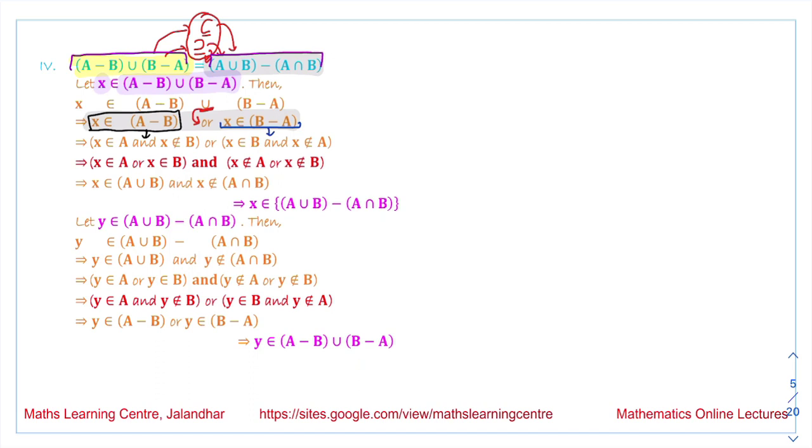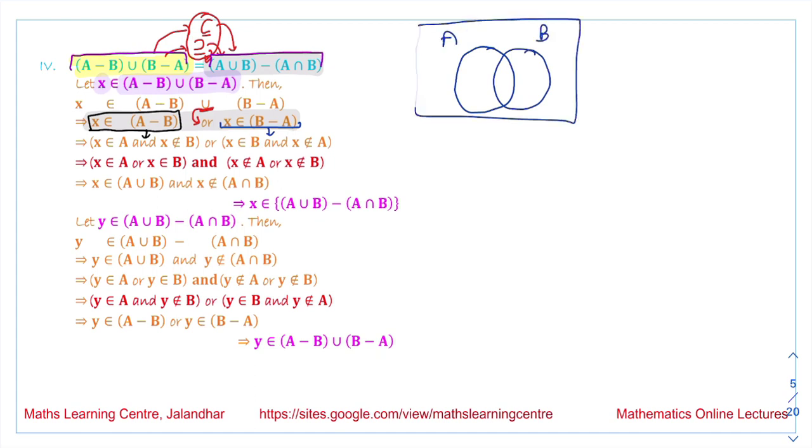Now if we look at these two sets over here, we are talking about the Venn diagrams. This is the set A and B we are talking about. We have a universal set U over here. So we are saying that X belongs to A and X does not belong to B. It means we are talking about this region over here.